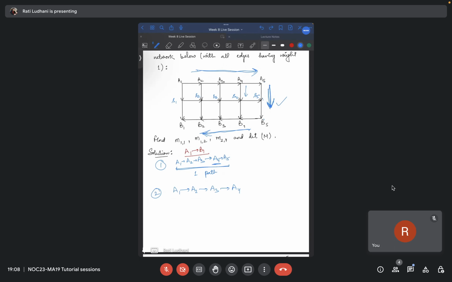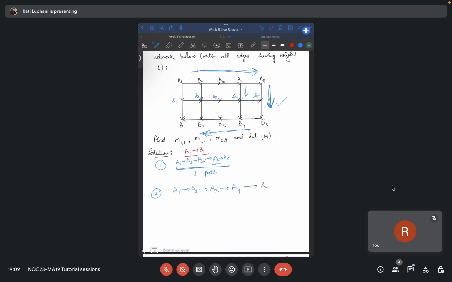So if you stop at A4, you have only one option, A4 to S4. So you are stopping at A4. The option of A5 we have already considered, so the other option is you consider going to S4.